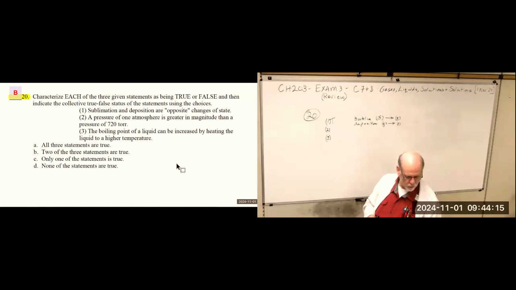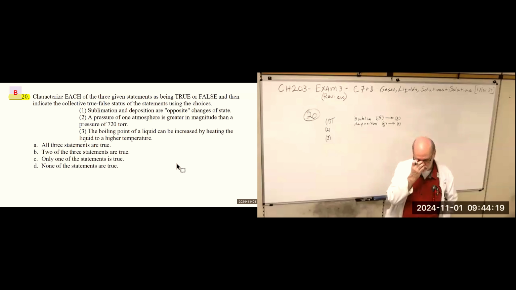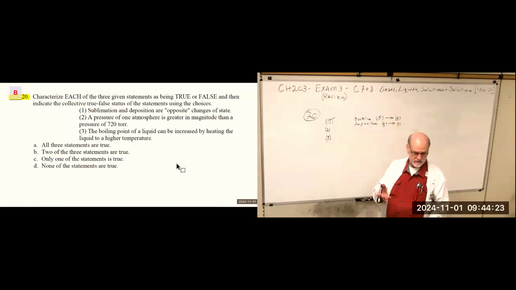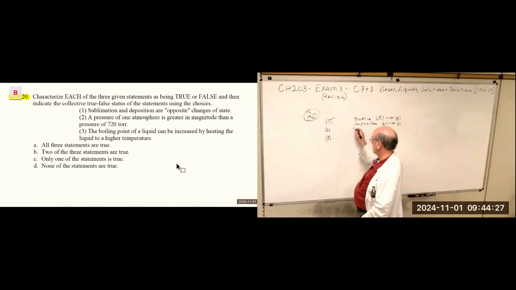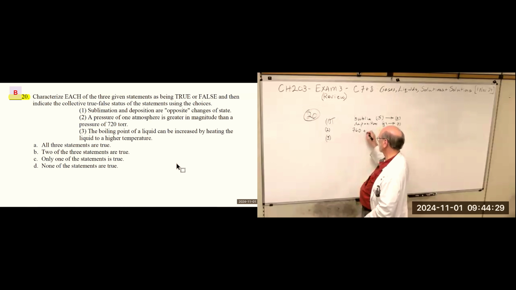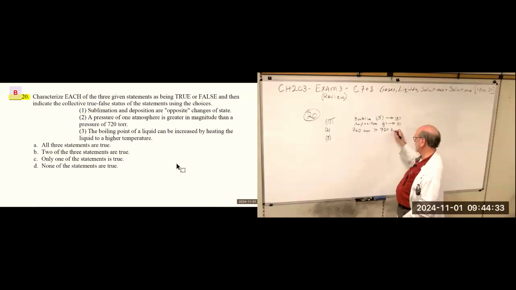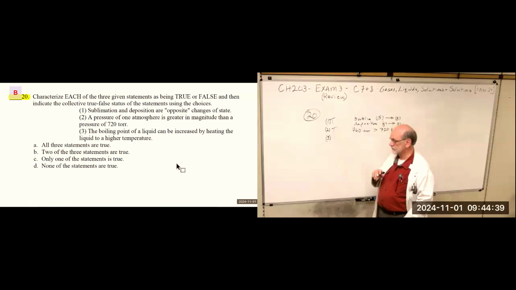2, a pressure of 1 atmosphere is greater in magnitude than the pressure of 720 torr. We can't compare apples and oranges. 1 atmosphere is how many torr? 760 torr. That is greater than 720 torr. And a torr is a millimeter of mercury. So that one's true.